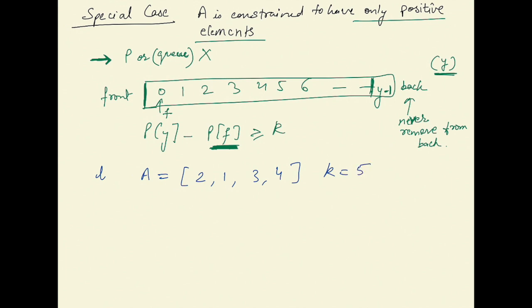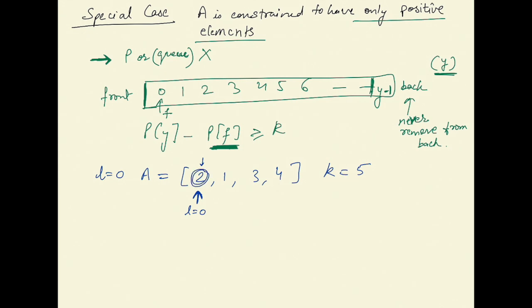So initially L is 0. L will point to the lowest index from which we are measuring our sum. So initially L would be 0, and we'll explore the indices of A.